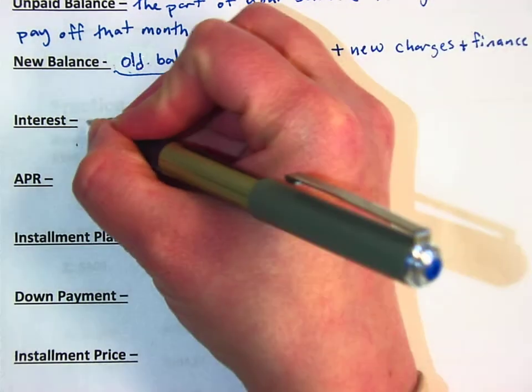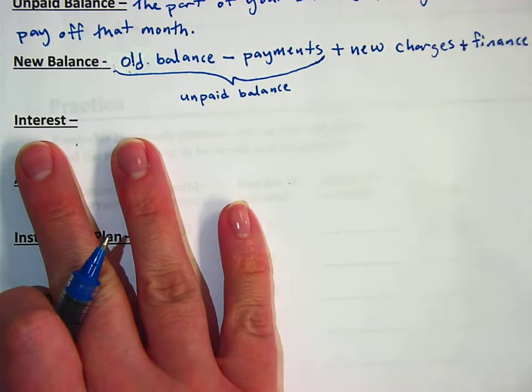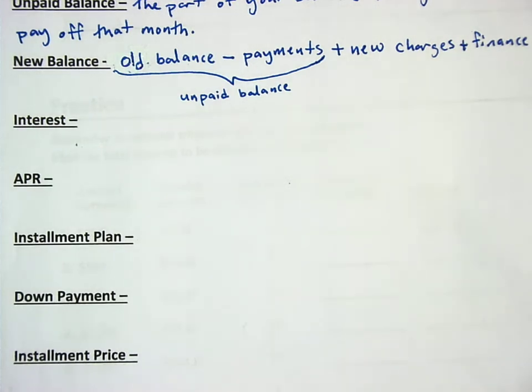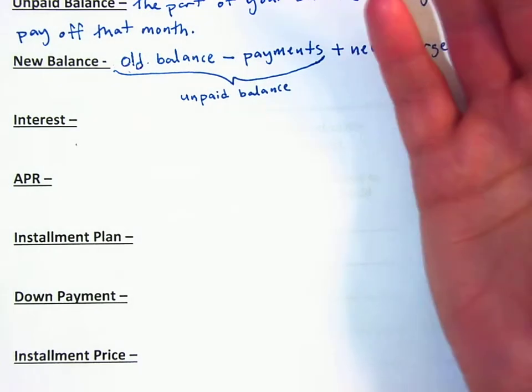Interest is, before, interest was money that you got for basically letting the bank use your money. They would give you a little bit of money in return, like a percent of however much was in your bank account so they could use it. And vice versa is true.